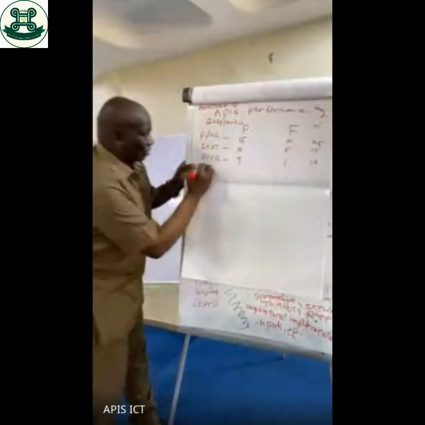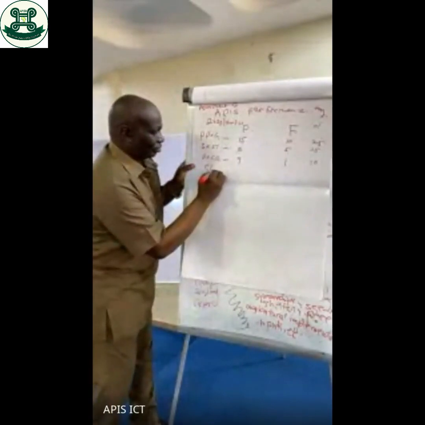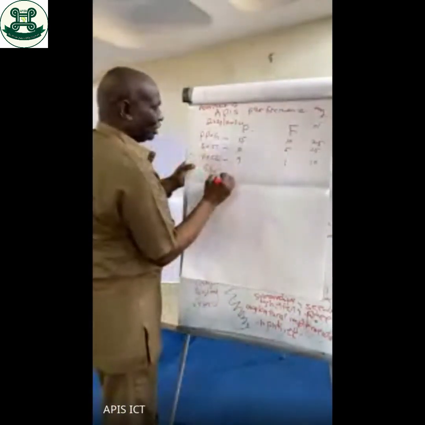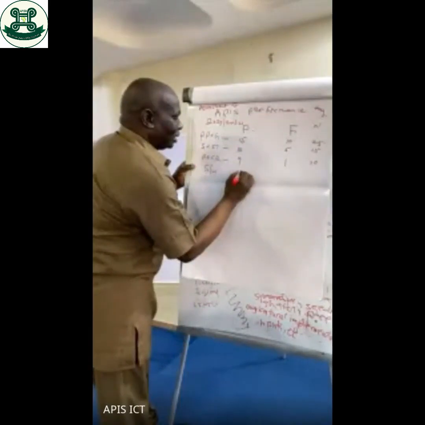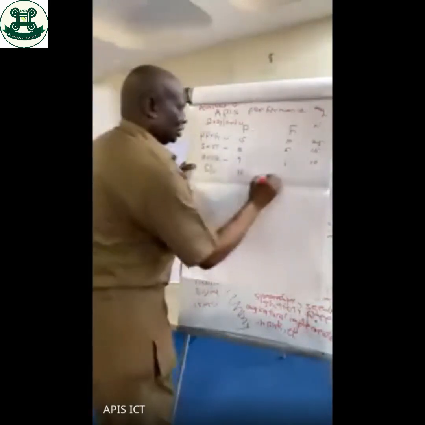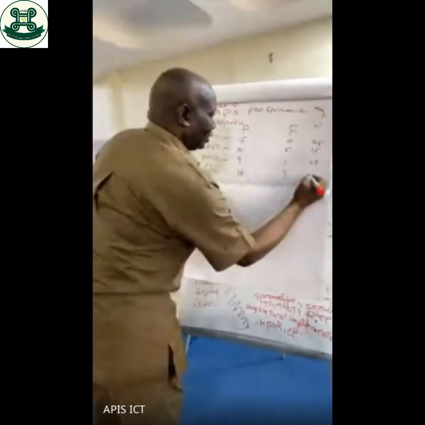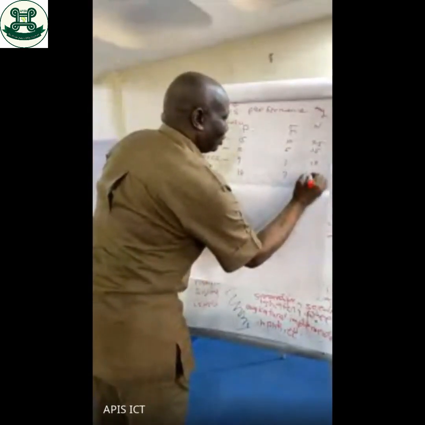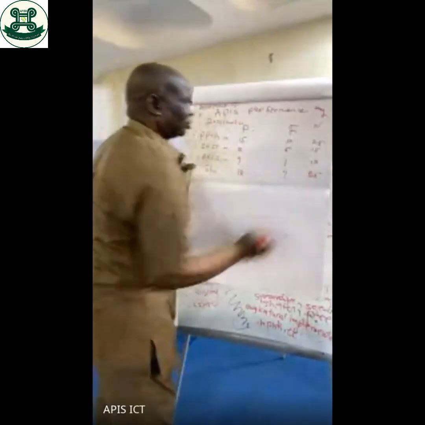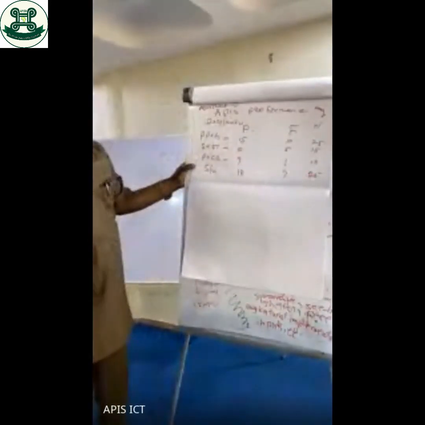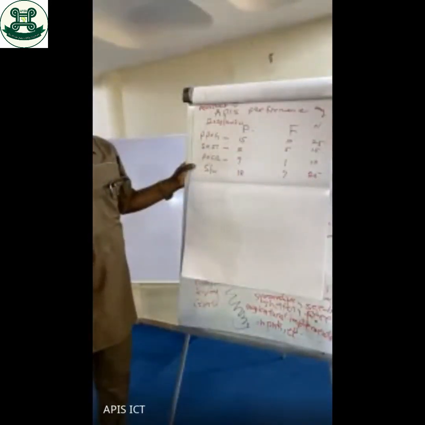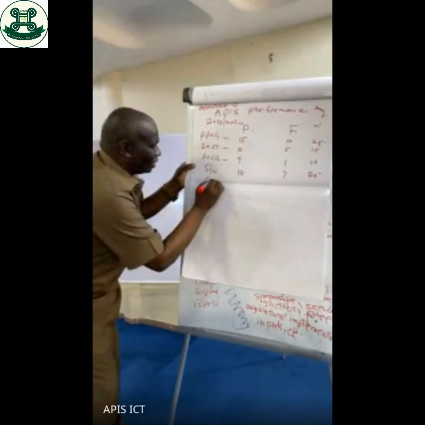Report again. Second one. Okay. 18 pass, 7 fail, total of 25. Very bad record. Technology and community security.